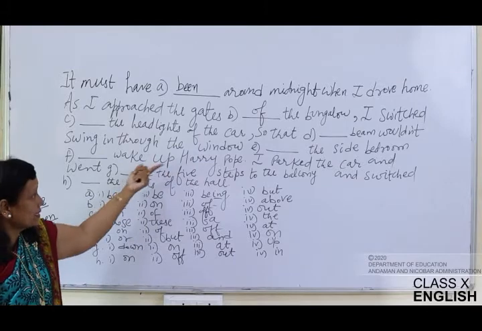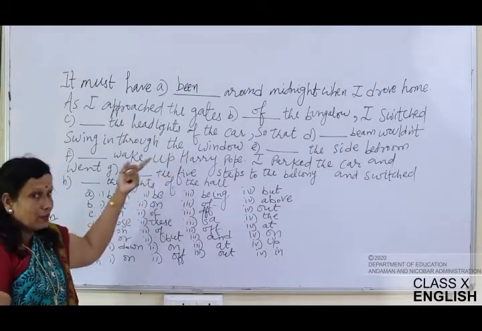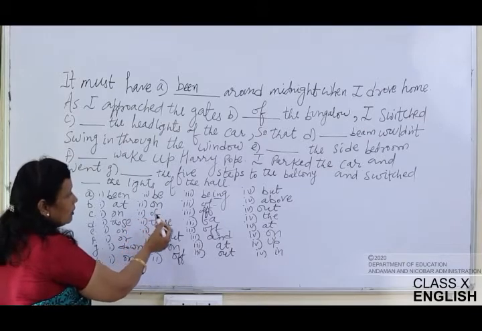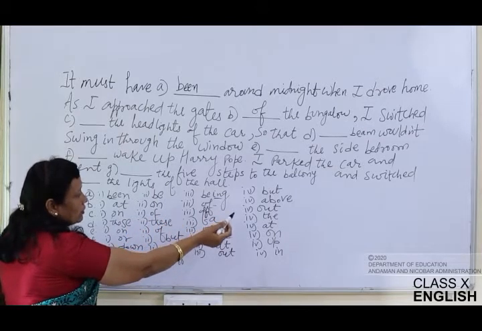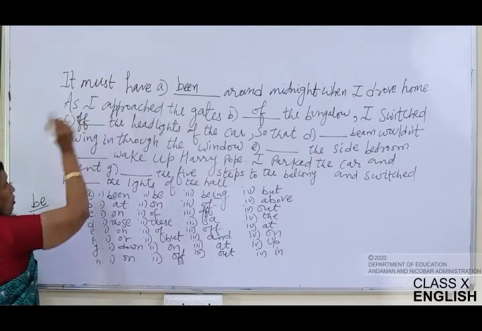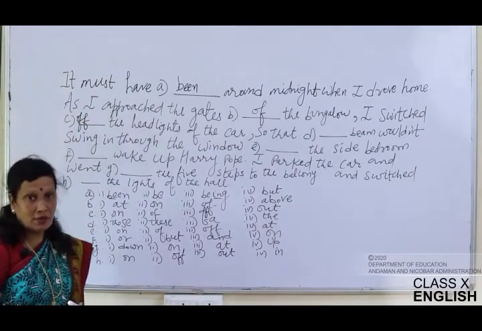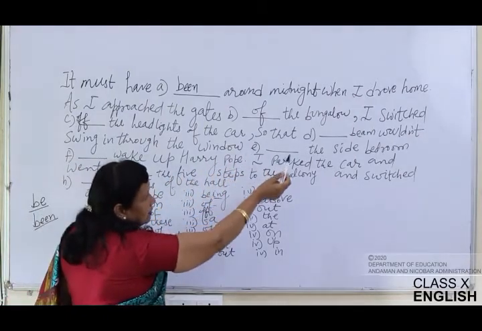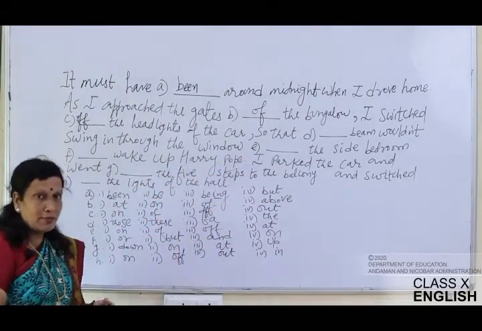He did not want to disturb Harry Pop, so he will not switch on, or it will not be off and out. So, definitely it is switched off the headlights of the car. Why he switched off? So that now he is talking about the beam.